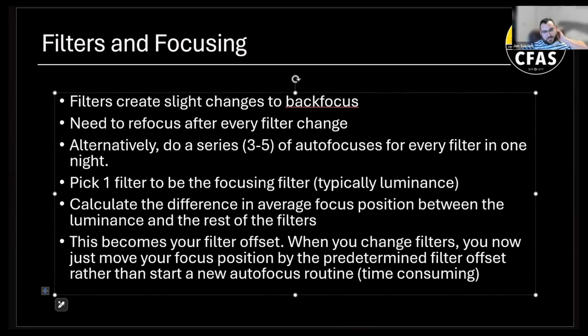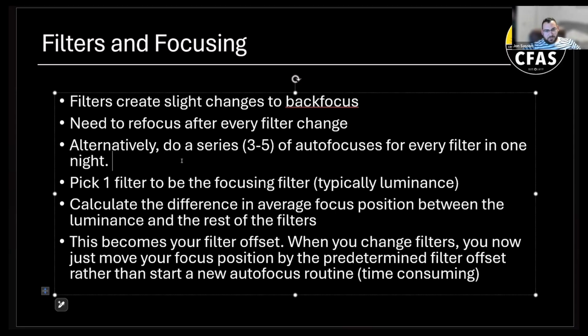So alternatively, what you can do is determine what your focus offset is. So you do a series of autofocus routines for every filter in one night, right? So let's say anywhere from 3 to 5 sets.